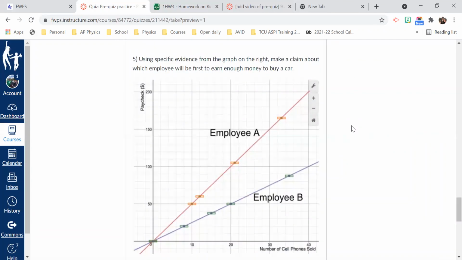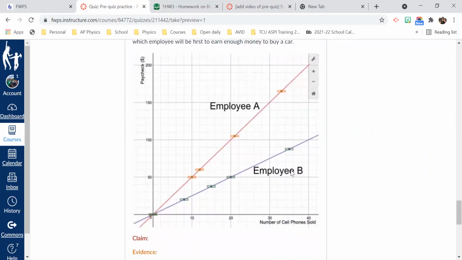Question number 5 is saying, all right, let's compare the two. This should look familiar to your Desmos with the ball on the floor, if you had a chance to compare it with somebody else. Your slope would be different than somebody else's slope, especially if you did the A graph and somebody else did the B graph. Hopefully from this, you can compare a couple points. I shouldn't even say points, I should say number of cell phones, because we can use where the line hits.